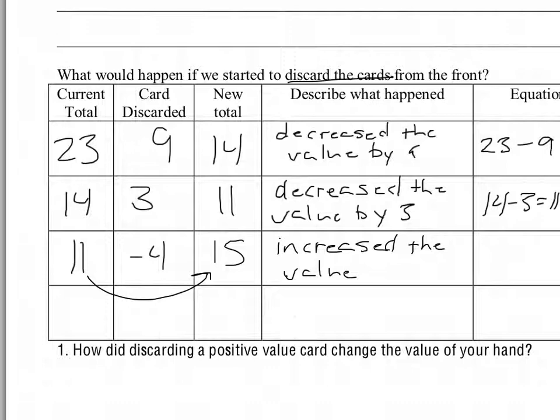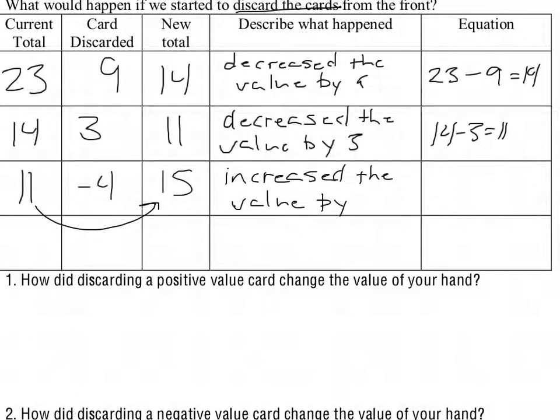And the reason that seems so strange is because we still took away that -4. So we write this as we had 11, we subtracted -4, we took away that -4, and we actually got a larger value. We increased the value by 4.